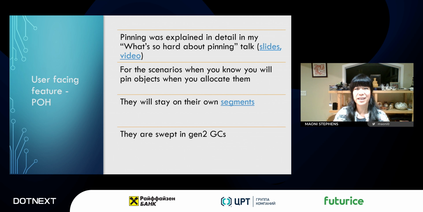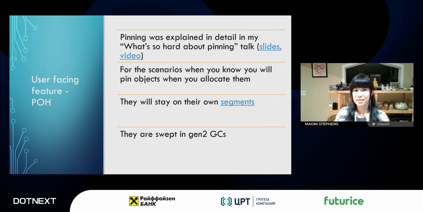Right. You will not get into the situations where you have pins all over the place in your normal GC segments, normal meaning small object heap mostly. So when we need to do a GC, these would be right next to each other, in a much smaller place than if they were scattered around in the normal heap.